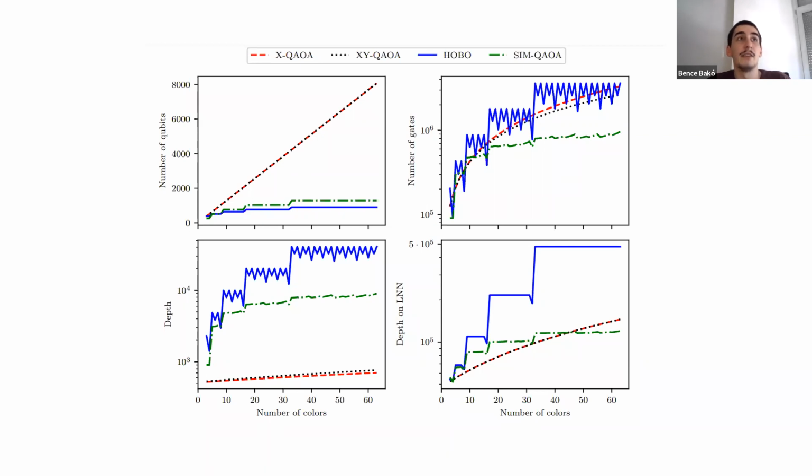And at the end, we did transpile them to use only general 1 qubit gates and CNOT gates, and we measured the number of 1 and 2 qubit gates and the depth for these transpiled circuits.